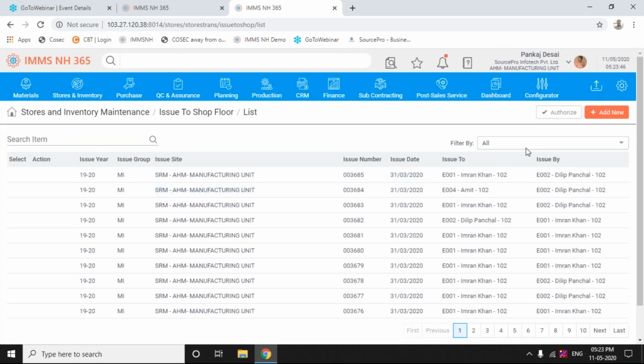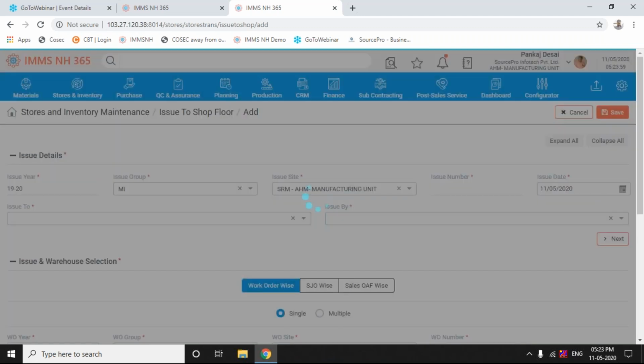Now, allocated items: prior to production, we need to issue the material that is allocated. As Sunil has rightly shown on the screen, what we need to do is issue the material.